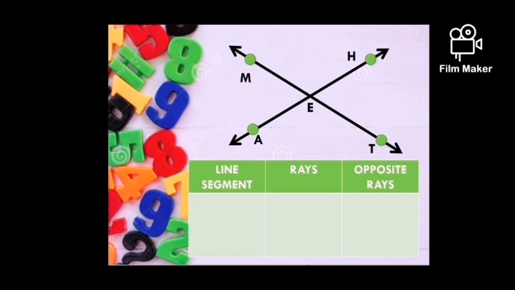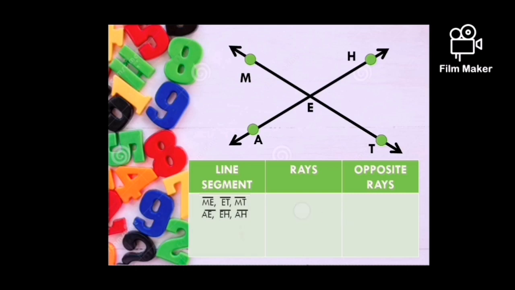So, let us try ourselves. In this figure, line MT intersects line AH. So, the line segments are line segment ME, line segment ET, line segment MT, line segment AE, line segment EH, line segment AH.